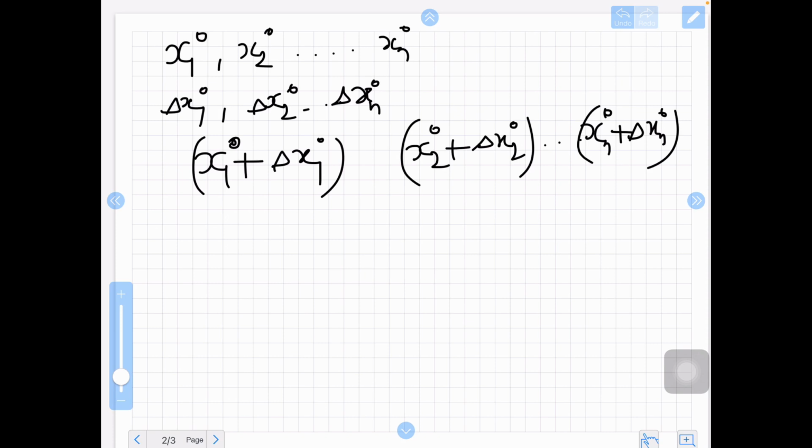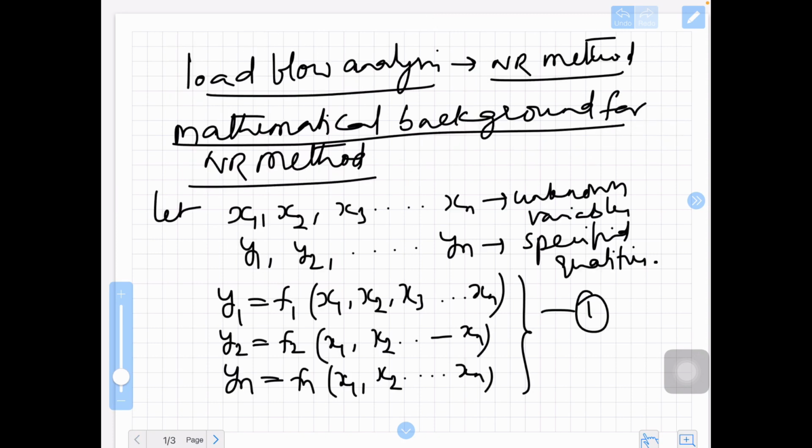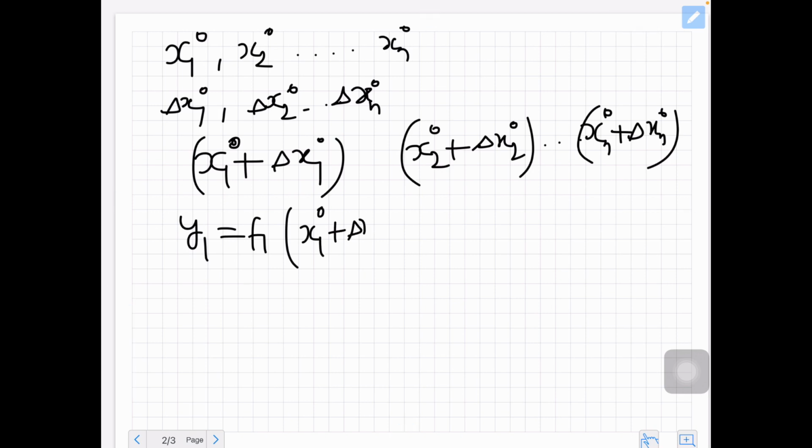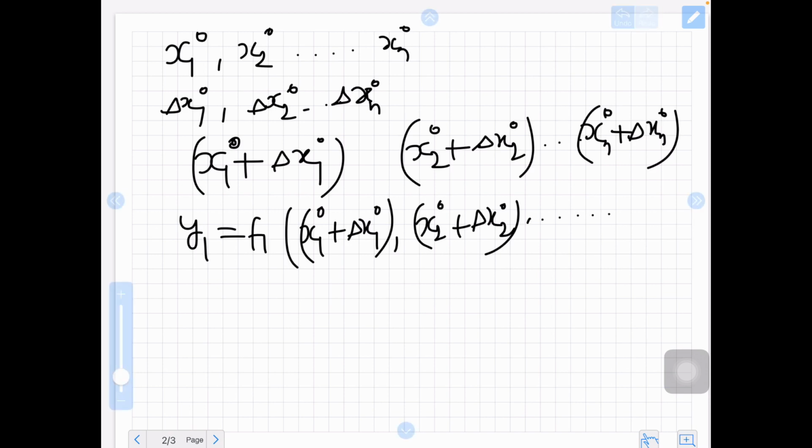Let us include this in the nonlinear equation. We are modifying equation 1. So y1 is equal to f1 of x1 naught plus delta x1 naught, x2 naught plus delta x2 naught, and similarly it will go up to xn naught plus delta xn naught.